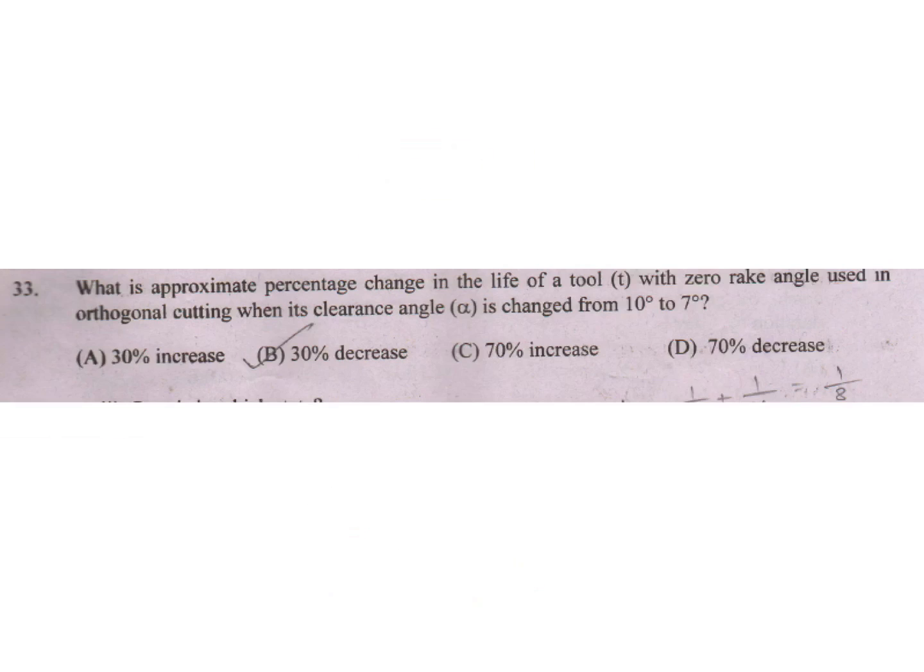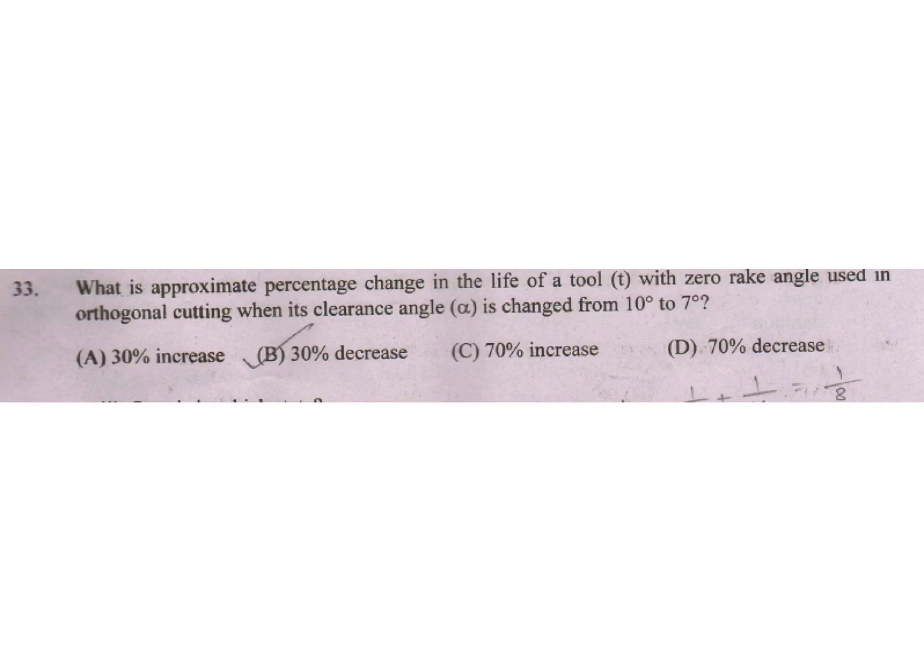What is the approximate percentage change in the life of a tool T with zero rack angle used in orthogonal cutting when its clearance angle alpha is changed from 10 degree to 7 degree? Clearance angle is to avoid rubbing action.